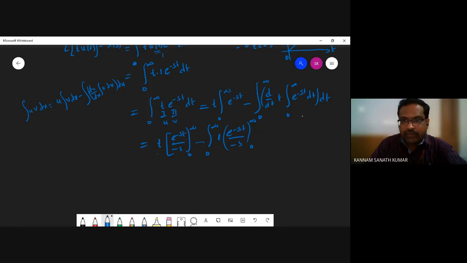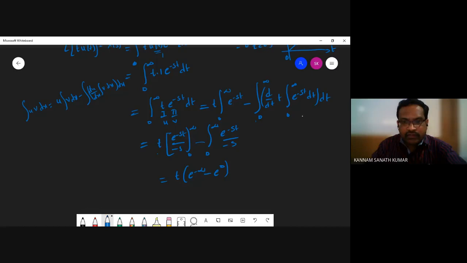Otherwise, before applying the limits, you can apply the integration one more time. So if you apply the integration one more time, here you are getting e power minus st by minus s. Now if you apply the limits here, you get e power minus infinity, which is anyway 0, minus e power 0.